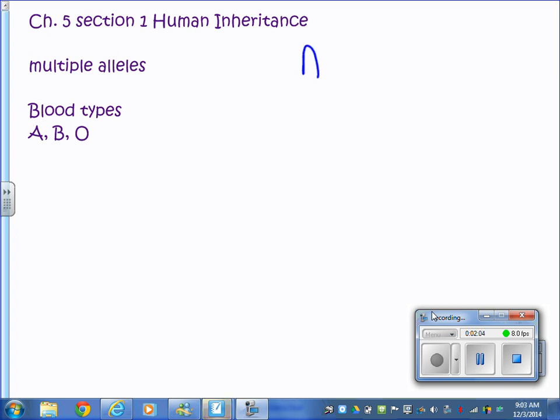So if you get the A allele, your blood cells, red blood cells, have the A protein on the outside. So I like to draw it like that to remind you that the blood cell has the A protein. Okay? If you get type B blood, guess what you have? The B protein on the outside of your blood cells. So the B's are laying down like that.